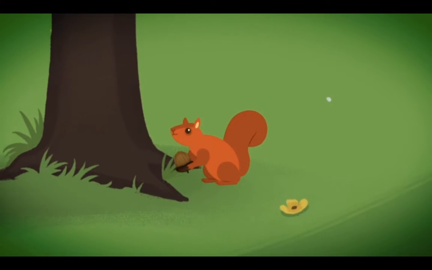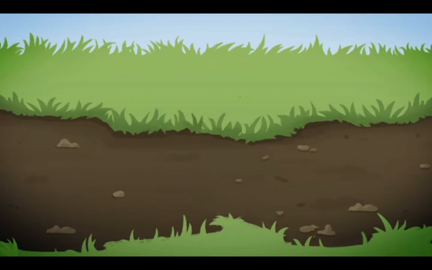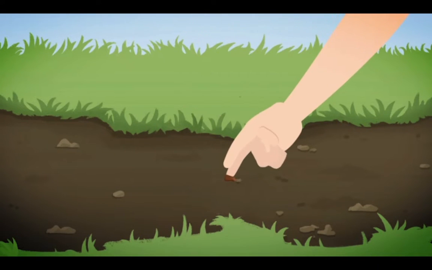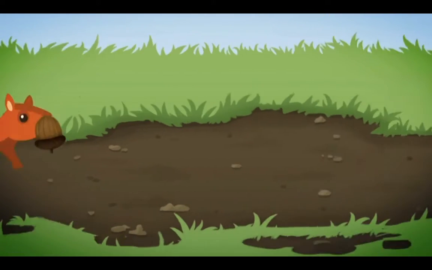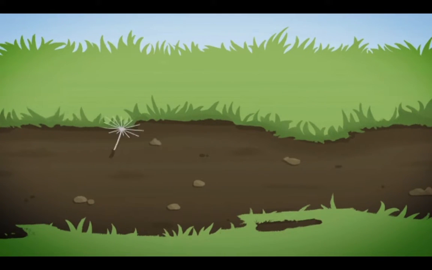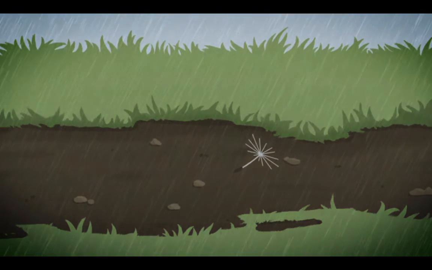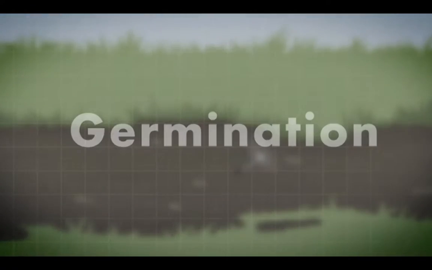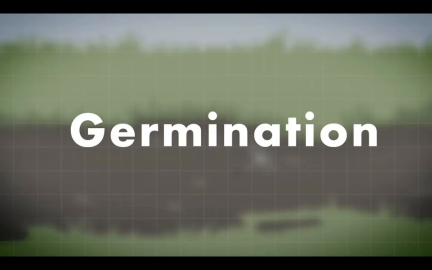Let's have a look at these steps. A seed gets planted either by humans or animals, or gets blown by the wind. Seeds need water in order to start growing. This is called germination.